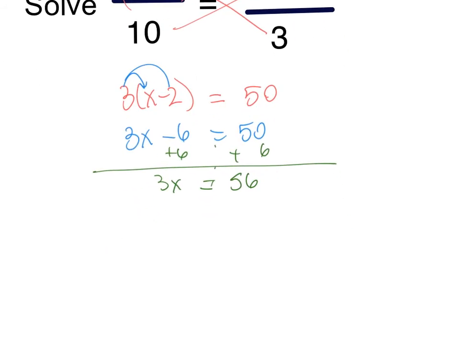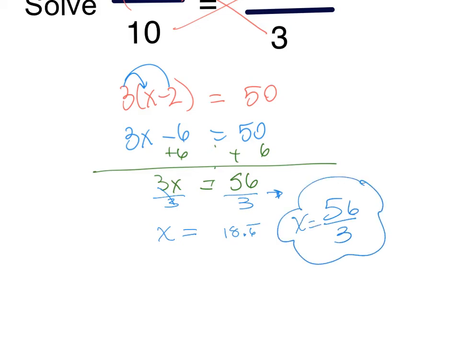And so when you divide by 3 on both sides, you get that x is equal to 56 divided by 3, which, remember, bring your calculators, because if you have that ability of changing it to a fraction on the calculator or dividing it out, if it divides out, it's going to give you 18.6 repeating, but what I'd like for you to do is just leave it as 56 thirds. 56 is not divisible by 3 evenly, so you're just going to leave it as 56 over 3. Remember to leave it as a fraction. There's no need for you to divide it out.